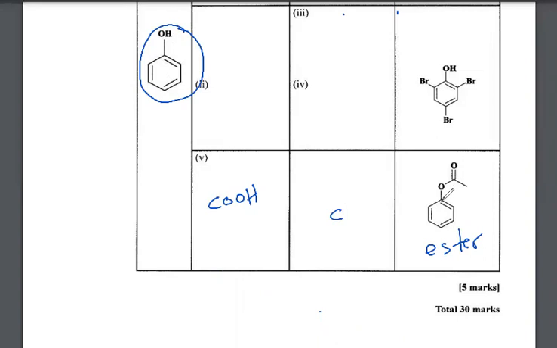So this is a C, then you have an O, then you have C double bond O. So this right here is your ester group. See that? So this is an ester.